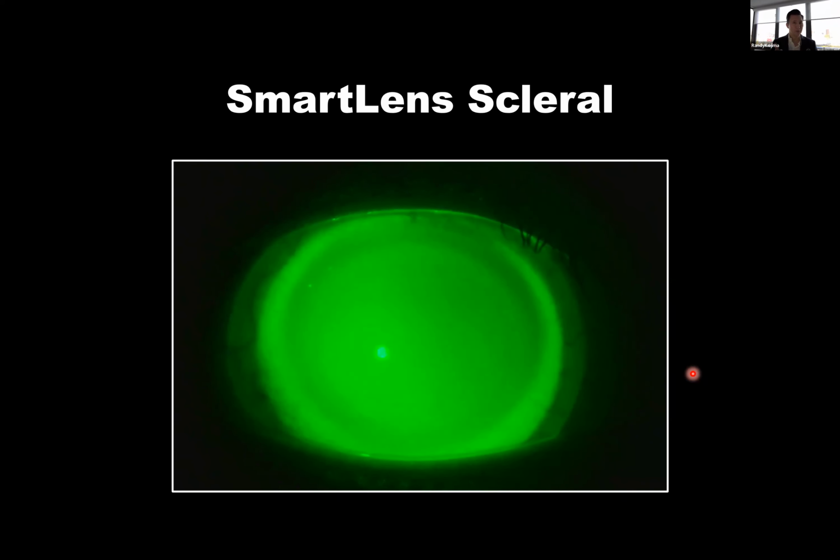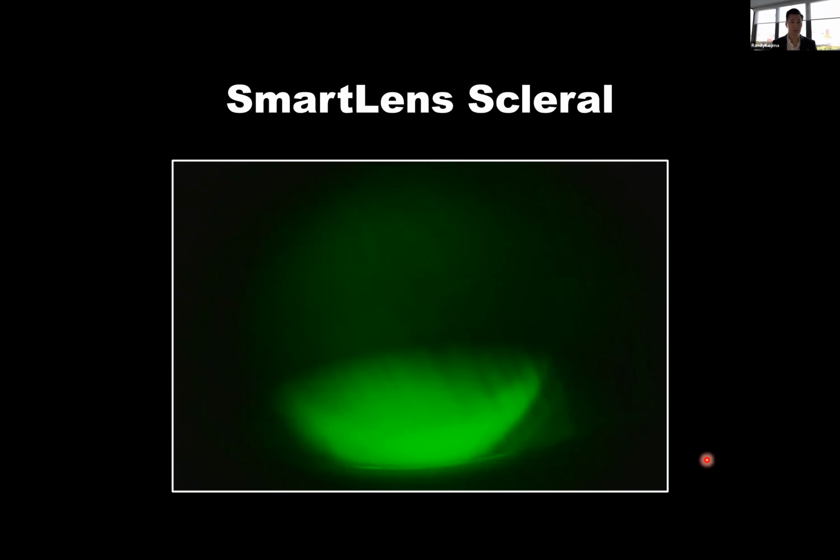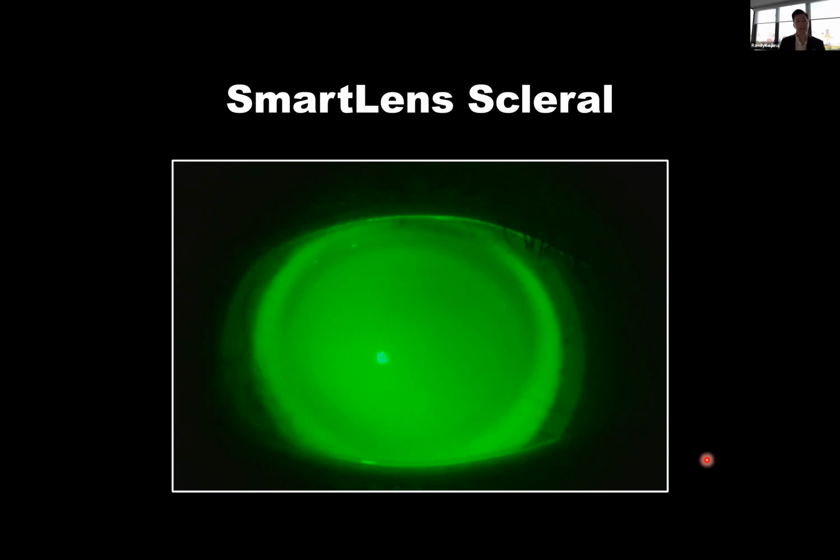So how does a rigid, large, thick contact lens be almost as comfortable as a soft lens? It's because of movement. If you look at this lens and how little it moves with each blink, that's why the lens is so comfortable. And then in the center, we vault over top of all that irregularity.